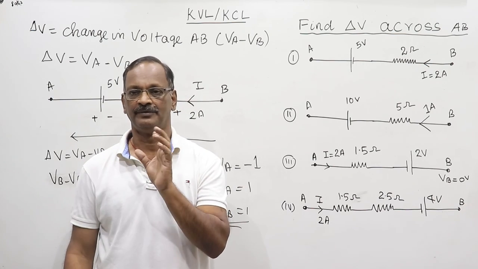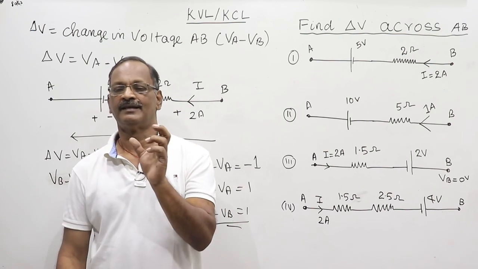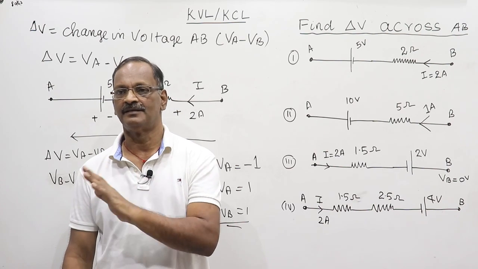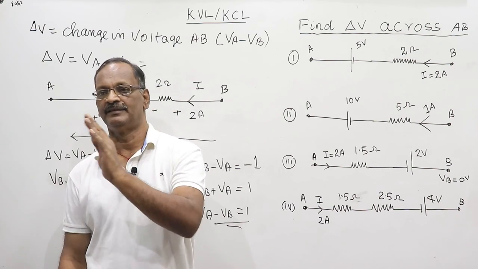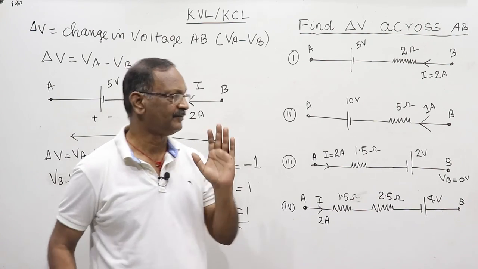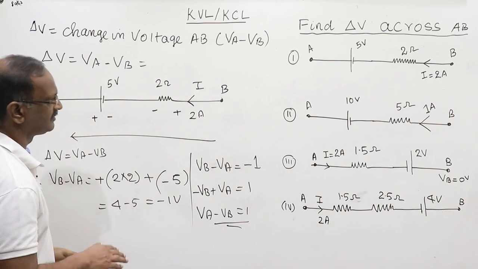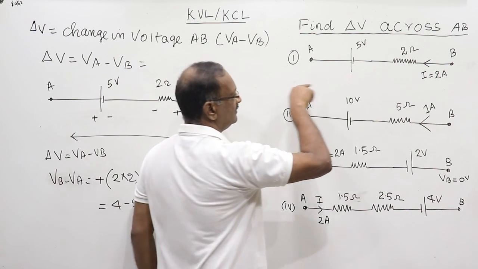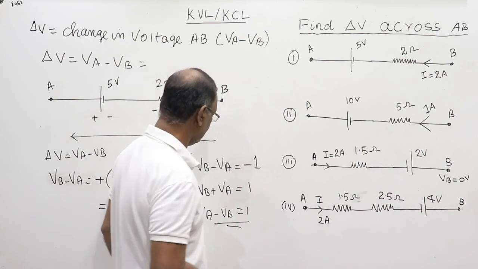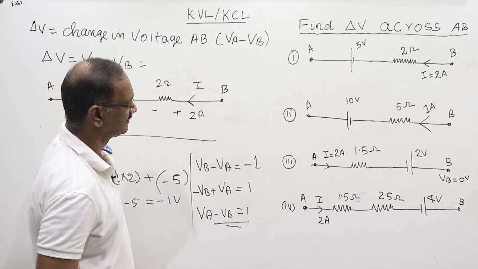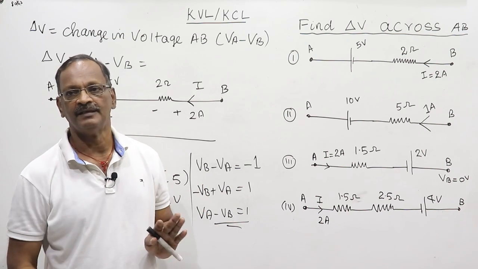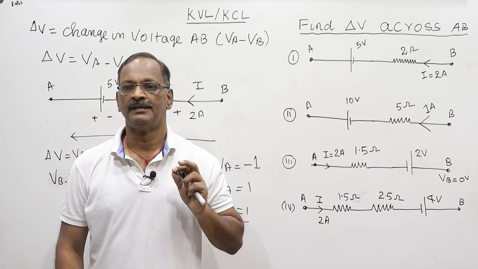For the battery, irrespective of the direction we are moving, moving to the positive terminal means positive EMF, and moving from negative to positive terminal means negative EMF. So follow one single method. Whether you move this way or this way, VA minus VB will definitely come 1 volt. So do not worry about it, follow one single method.